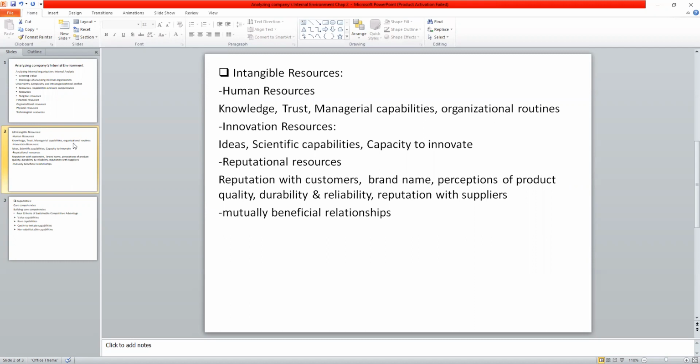They increase as they become more difficult to substitute. The more invisible the capabilities are, the more difficult it is for firms to find substitutes, and the greater the challenge is to competitors trying to imitate a firm's value creating strategy.